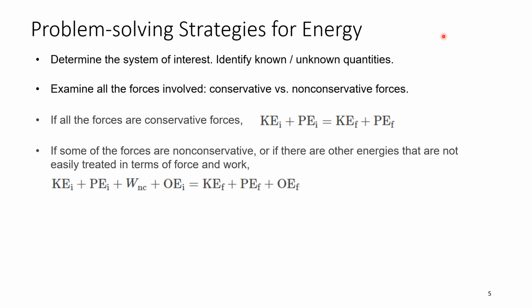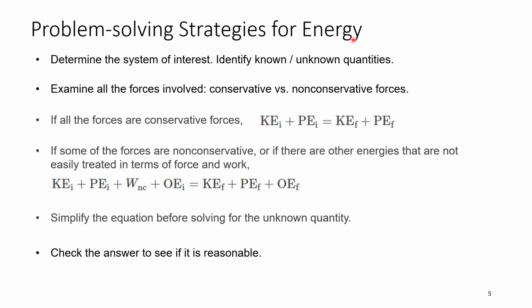You can always simplify the equations before solving for the unknown quantity. For example, we can set the initial or final height to be 0 so that one of the gravitational potential energies can be 0. Finally, as always, we need to check the answer to see if it is reasonable.